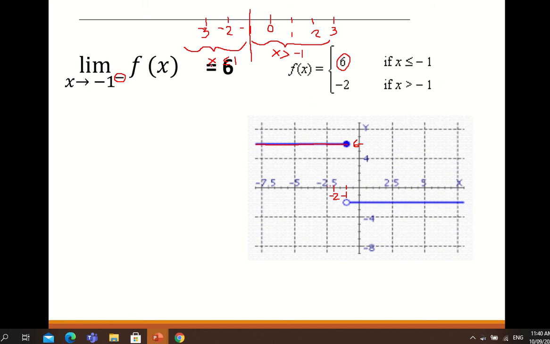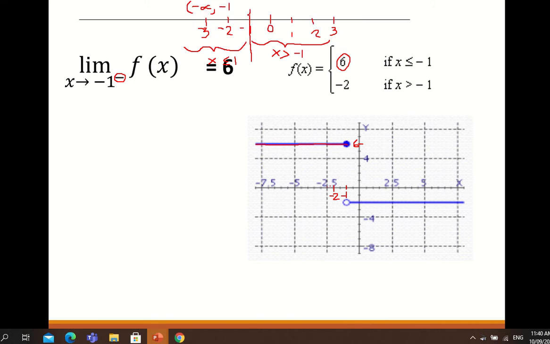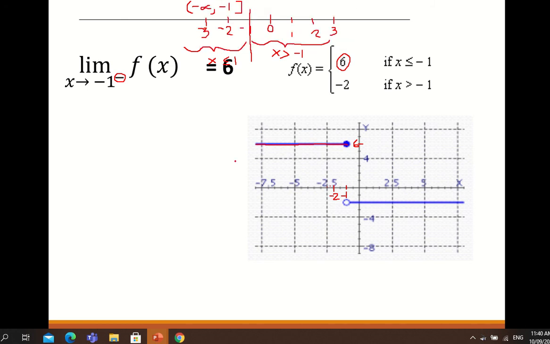So this interval can also be represented as -infinity to -1. Parenthesis for infinity because infinity is not included, and bracket here because -1 is included.